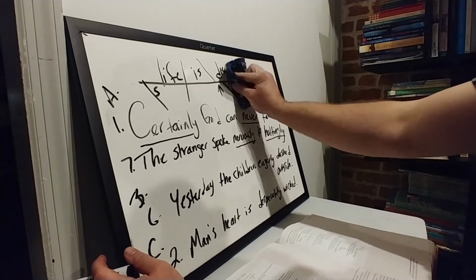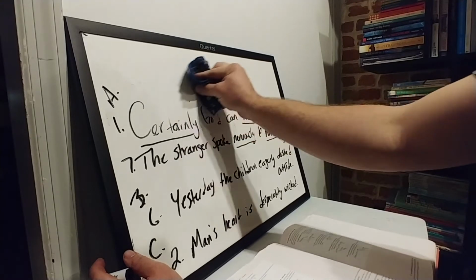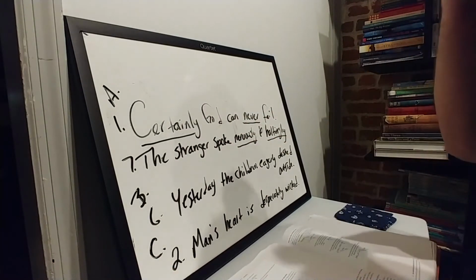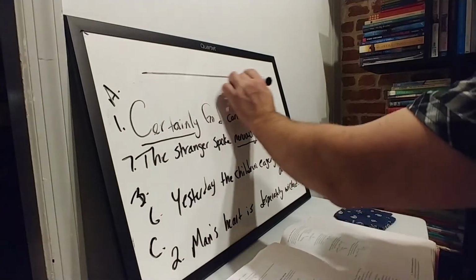Now, if it modifies an adverb, it gets diagrammed a little differently, or it can also modify an adjective. So they have another example there in your lesson. "Suddenly an extremely bright light blinded Saul." So I'll just give you the skeleton.